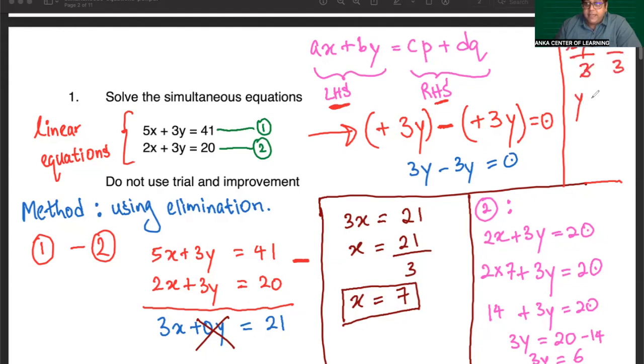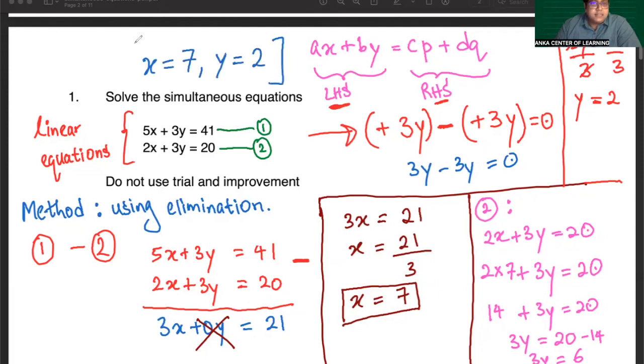We have y equals 6 divided by 3, and the answer would be 2. So now we have found the two values of x and y. The answer to this question would be x equals 7 and y equals 2.